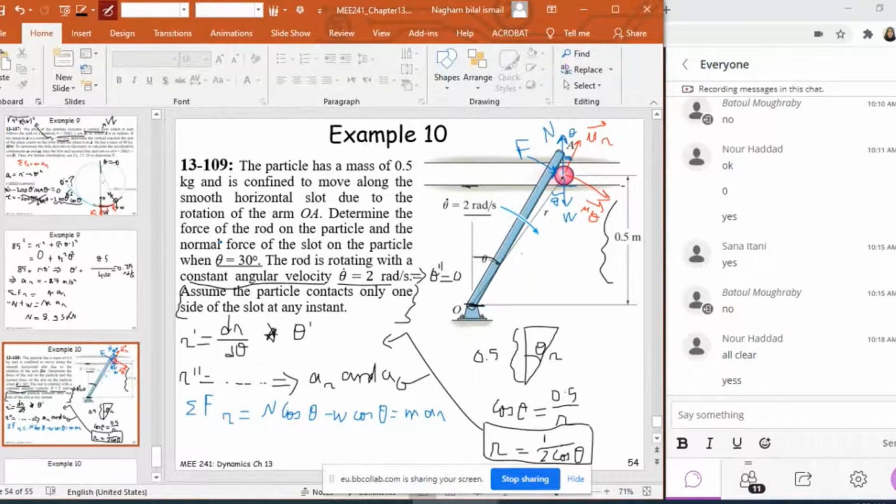Now, what is sum of F theta? Sum of F theta is equal to F, which has the same direction of U theta, minus N sine theta plus W sine theta. And this is also equal to MA theta.